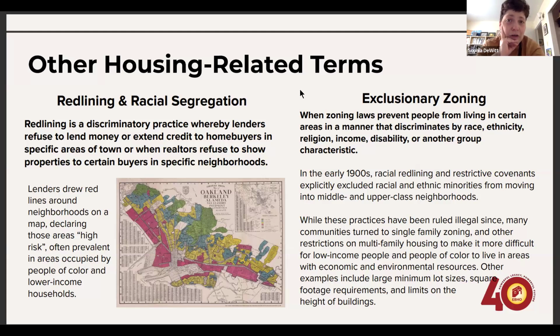Because communities of color often had less income and less access to assets, they often were less able to purchase homes. And so single family neighborhoods with single family homes were often not accessible to communities of color in the same way that they were accessible to wealthier and whiter neighborhoods and residents. Next slide.